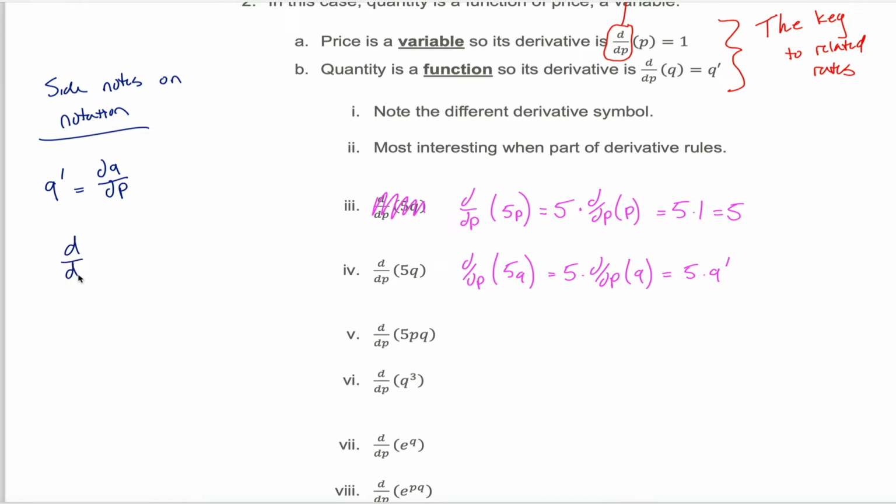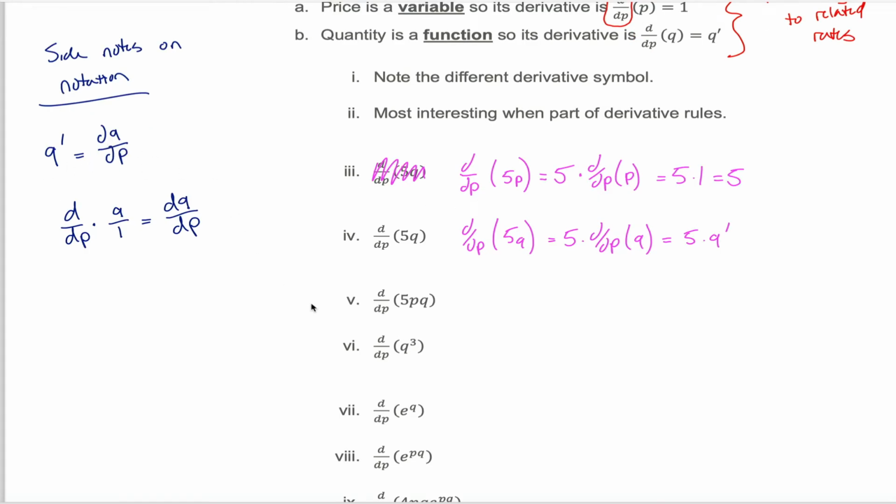D divided by dp, if it were a fraction and I was multiplying by q, I could think about that q as q over 1, and the way I multiply fractions is I multiply straight across. I would get d times q up on the top, and I would get d times p down on the bottom. If you really wanted to think about this operator as multiplication, this notation kind of lets you.